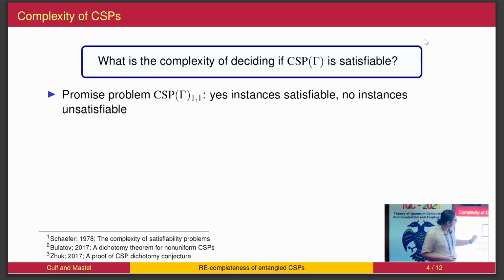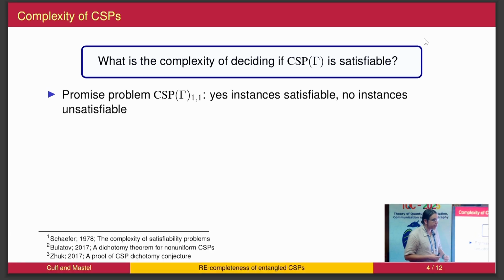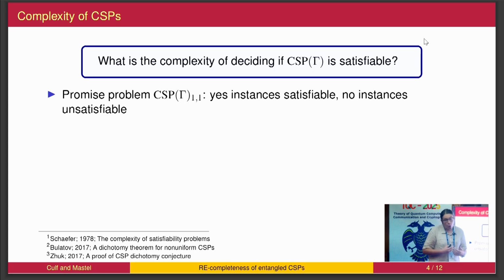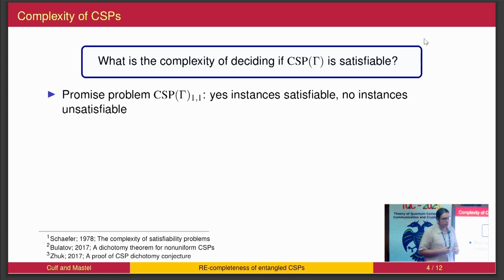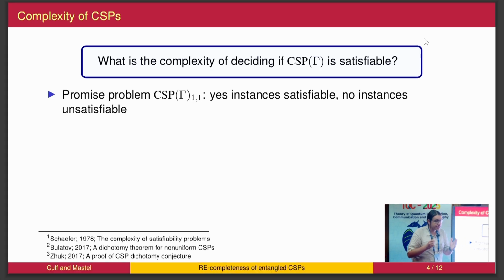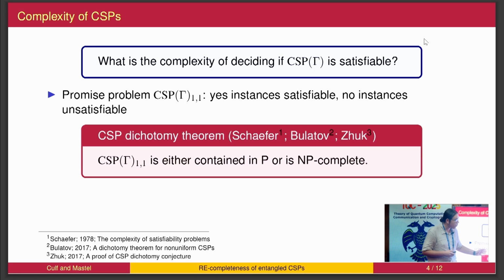I'm denoting the classical standard version of the problem as CSP of Gamma 1, 1, meaning that in the yes case, you want all of the constraints to be satisfied, and the no case is anything that doesn't have all of the constraints satisfied. So there's no promise gap between the number of constraints satisfied in the yes case and in the no case.